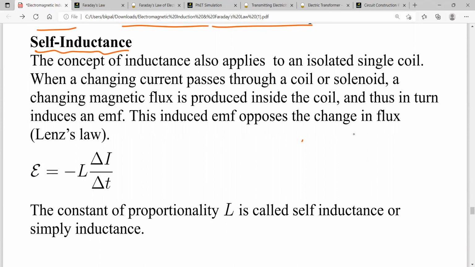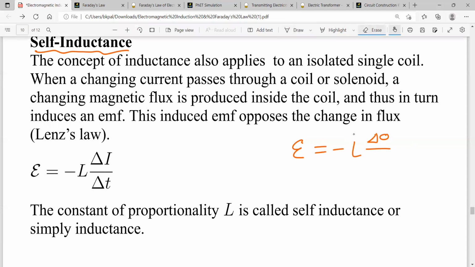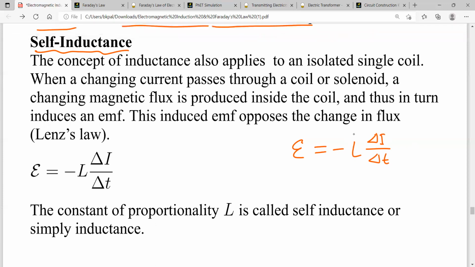If we have only one coil, the induced EMF can be written as something like this. So here L is the self-inductance, and also the unit of self-inductance is Henry.